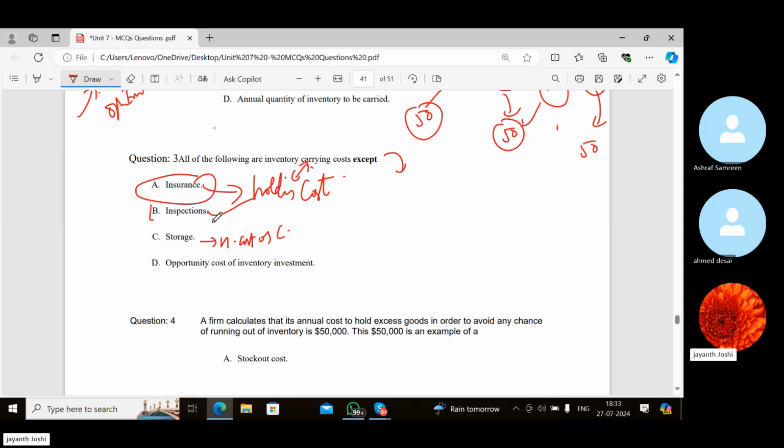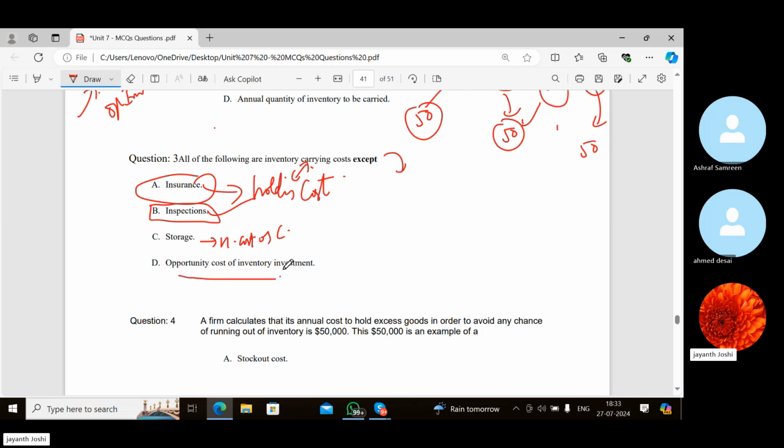I don't think inspection is a carrying cost. It's only related to storage. So insurance, storage, any kind of obsolescence, all these are carrying cost or holding cost.